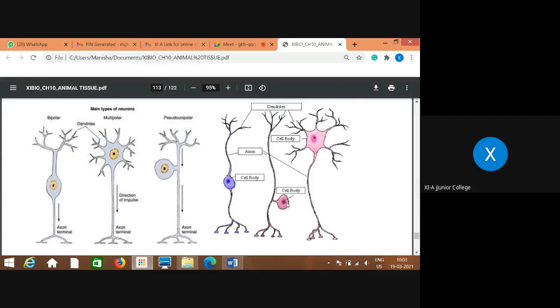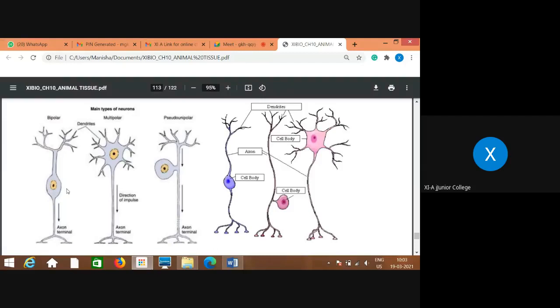Here from the cell body, that is a cyton, this is a single dendron, and this is the axon, which is terminating in terminal ends. These are the knobs, right? So from the cell body, only a single process, and dendrons and the axons are produced. So this is called unipolar or monopolar neuron.